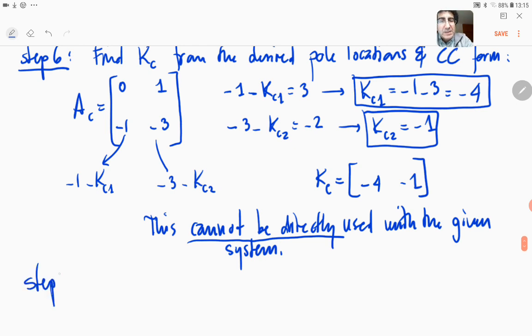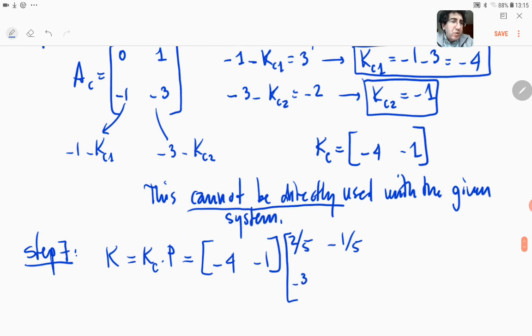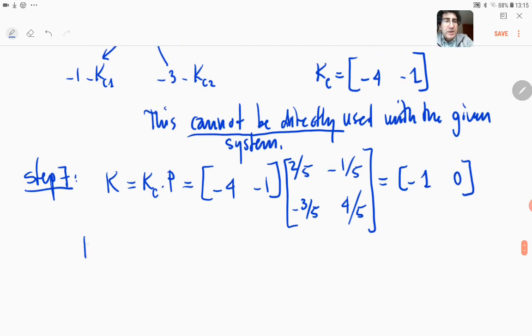So that is our last step, step 7. K for the given representation is Kc times P. That is equal to minus 4, minus 1, and P is 2 over 5, minus 1 over 5, minus 3 over 5 and 4 over 5. This multiplication gives us minus 1 and 0 for the gain vector. So K is equal to minus 1 and 0.